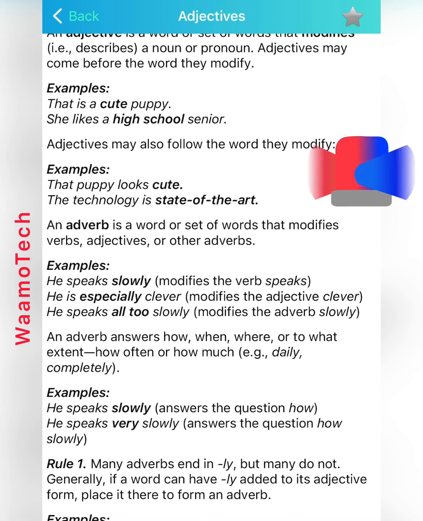This is also an important rule of thumb to identify whether a word or a set of words are adverbs or not. They have to answer the question how, when, where, or to what extent, or how often, or how much. Like for example the last example, "he speaks all too slowly." It's to what extent does he speak slowly? So you're saying all too, it's very slowly.